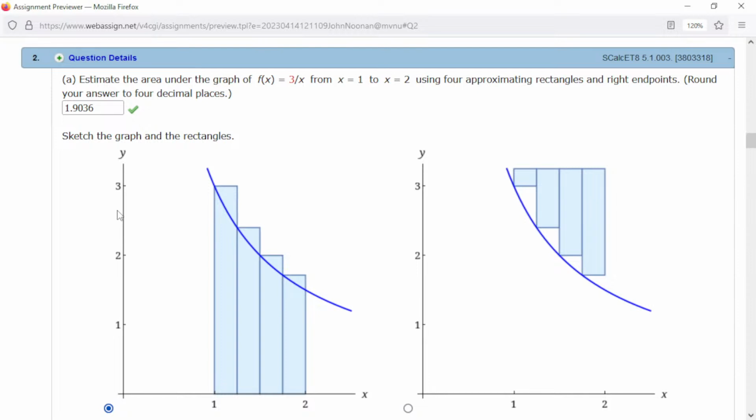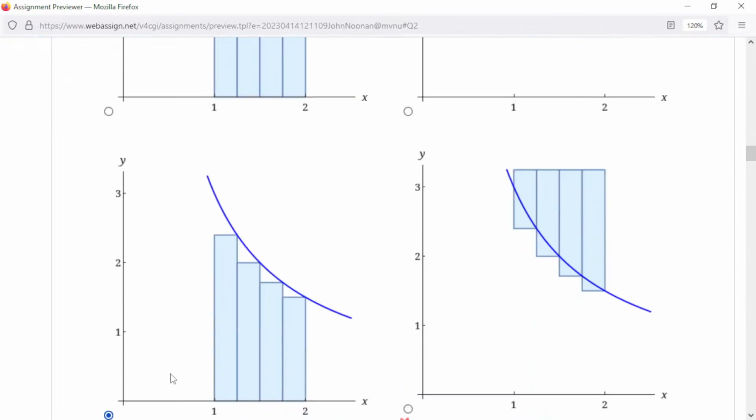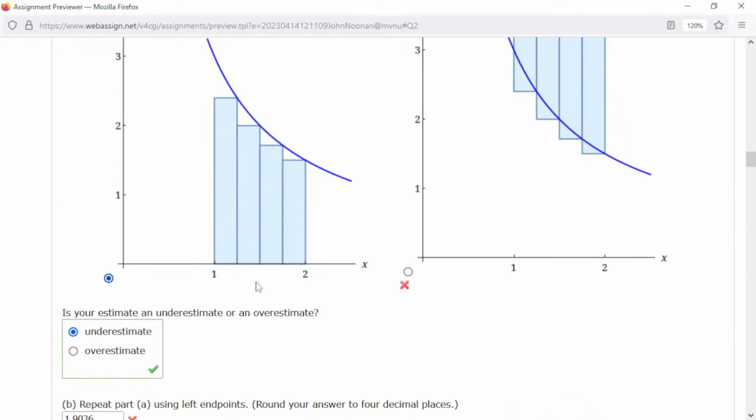Number 2B, the last part of number 2, is very similar, except you're using the left endpoint. Wait, why is that one checked? This should be the other one. I don't know why that one got checked. Yes, this one is the correct diagram for the first part.